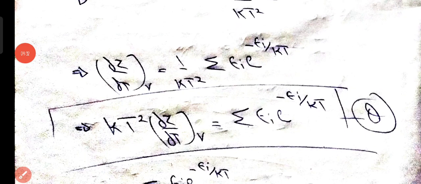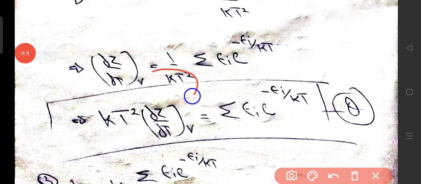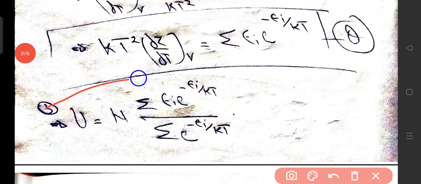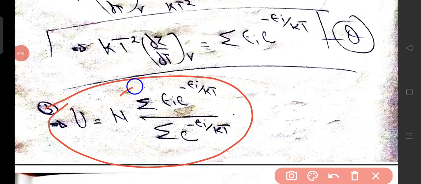Keep in mind. So when you put this kT square at the left hand side, the relation is something like that, and after that we have another relation: U is equal to N summation Ei into exponential Ei divided by kT, divided by summation e power Ei divided by kT.